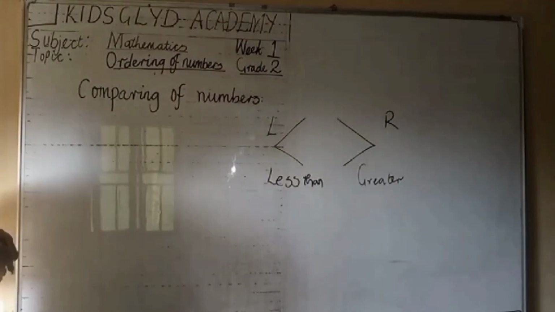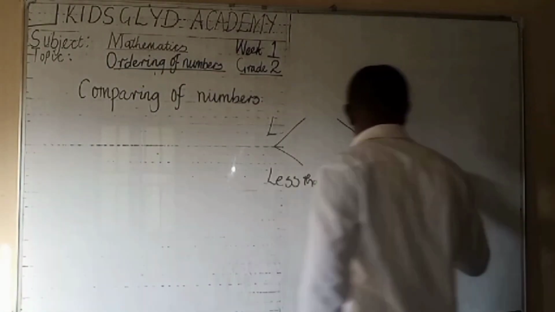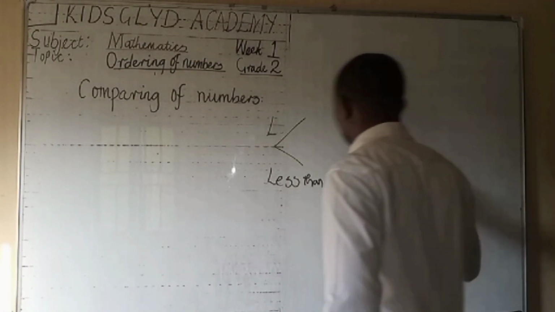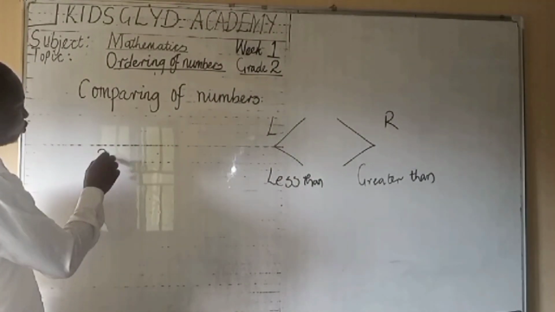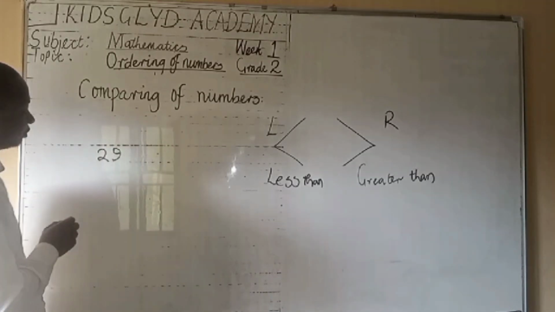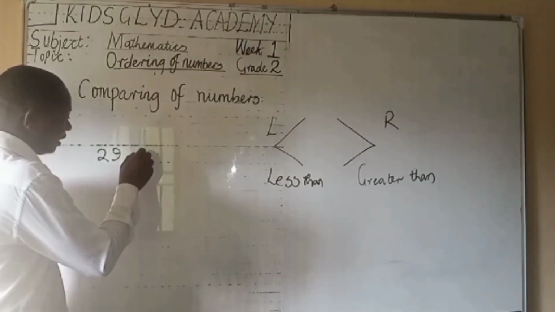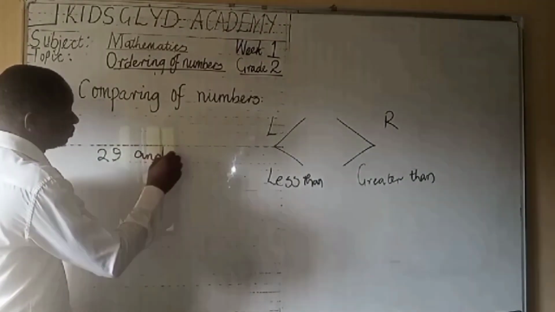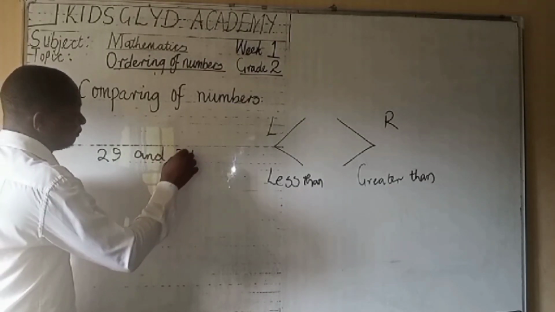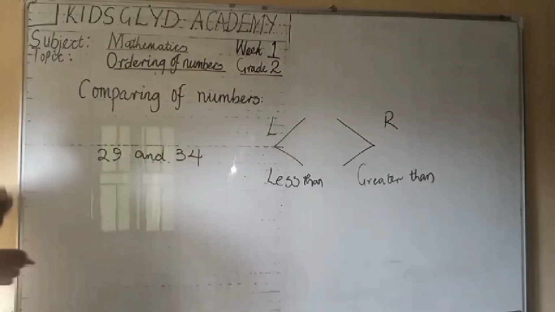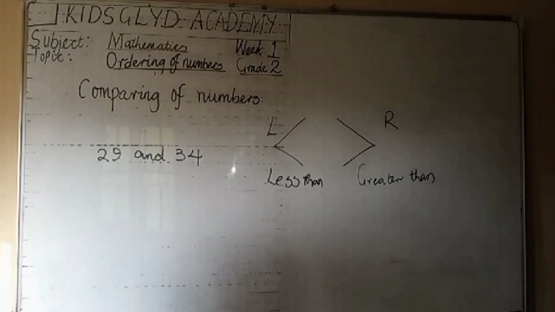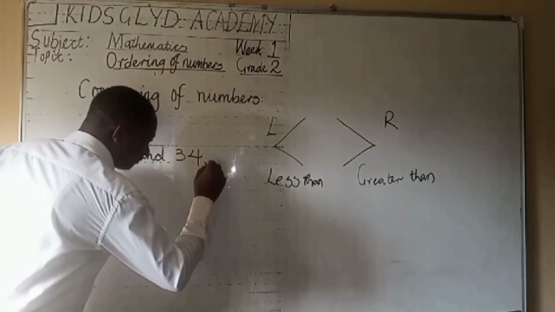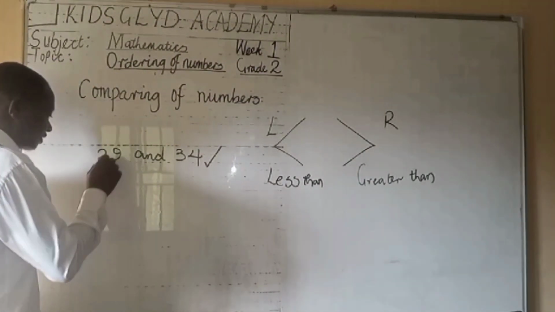Now, when we order numbers, we're using the value of such numbers. Example, if we have 29 and 34, between these two numbers, which one is greater? Yes? Good. 34 is greater than 29.